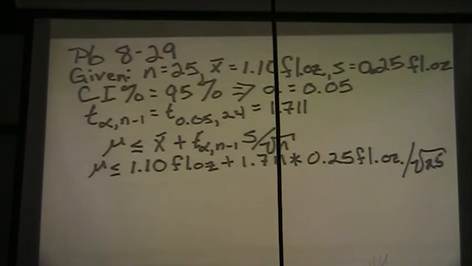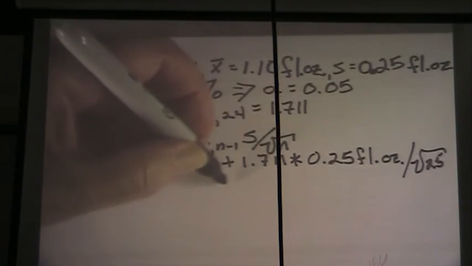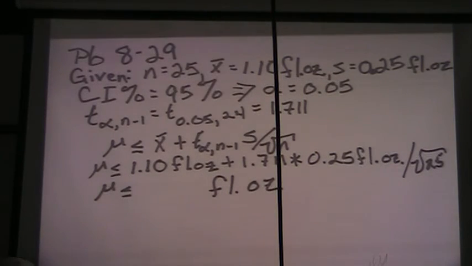Okay, so we can say already mu is less than or equal to some amount of fluid ounces. So let's calculate that.